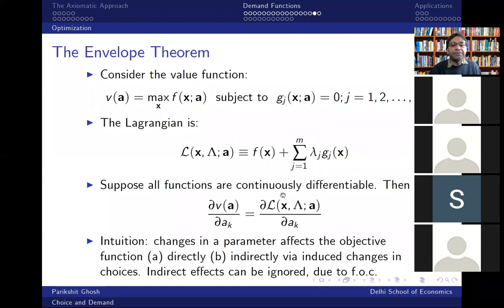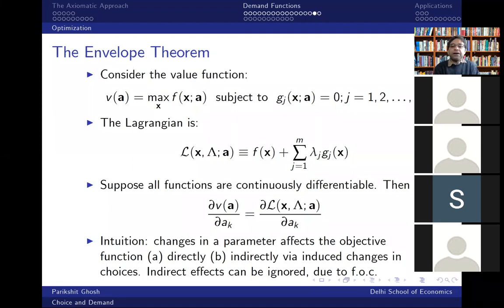Now, often we are interested in the question, how does a value function shift when the kth parameter changes? The slope of the value function with respect to the parameters. So in the consumer's problem, you can ask, what is the slope of the demand function with respect to the price of some good?